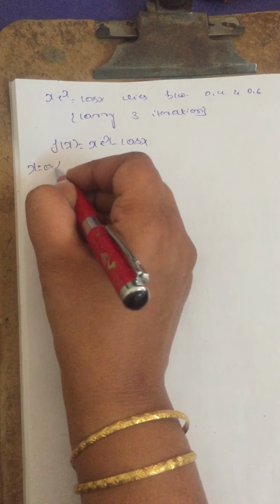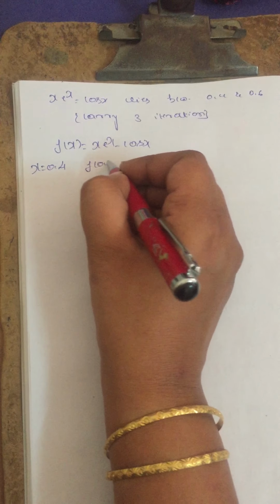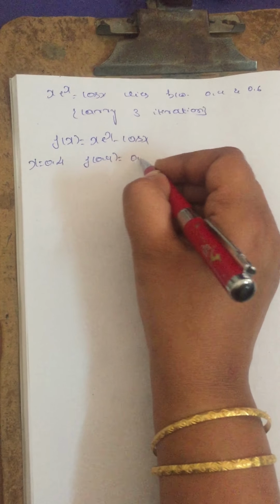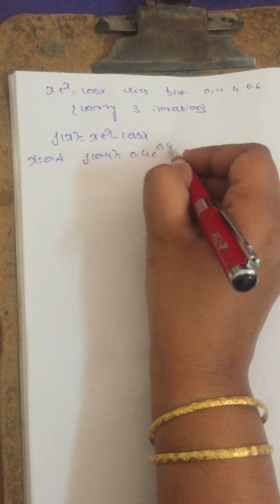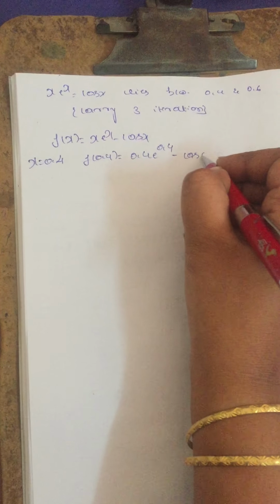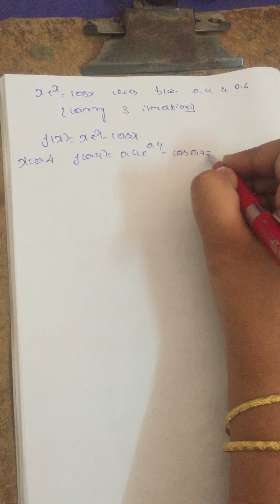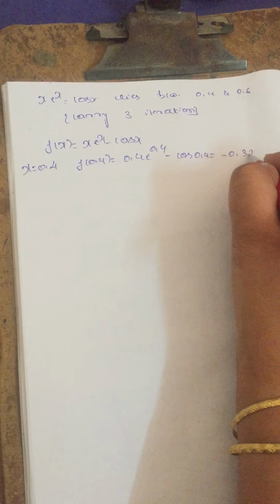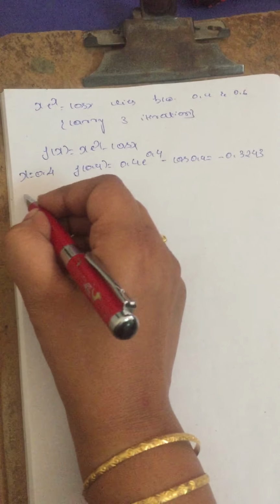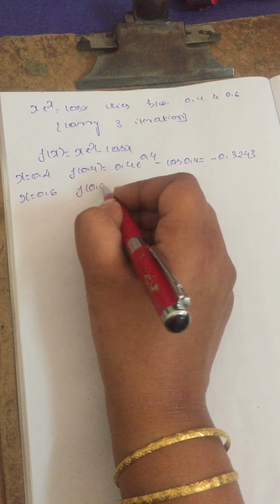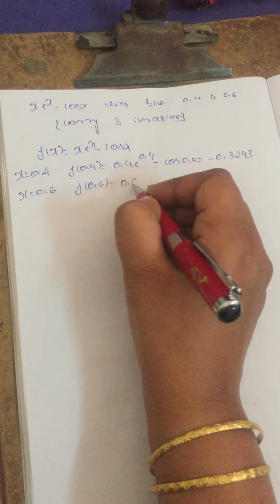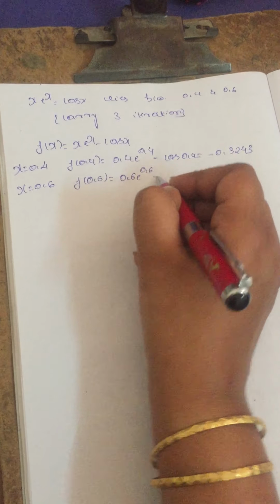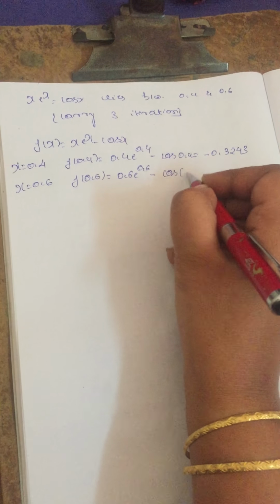Take x is equal to 0.4. f of 0.4 is equal to 0.4 into e power of 0.4 minus cos of 0.4, which is equal to minus 0.3243. Next x is equal to 0.6, f of 0.6 is equal to 0.6 e power of 0.6 minus cos of 0.6.